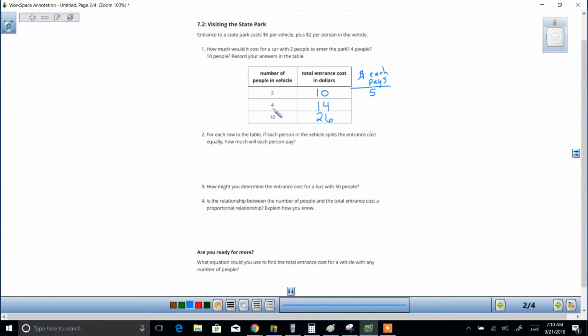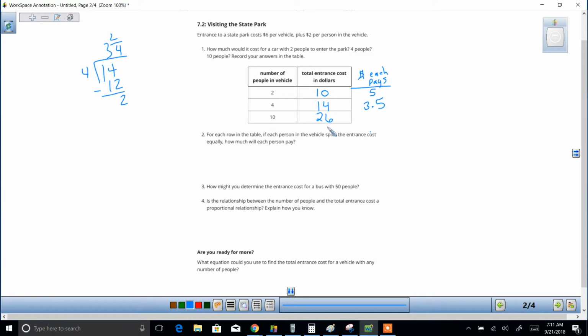$14 divided by 4. Might have to do a little work for that. 14 divided by 4. We'll go into it 3 times with 2 left over. So that's 3 2/4, which is 3 1/2, so $3.50. And then 26 divided by 10.